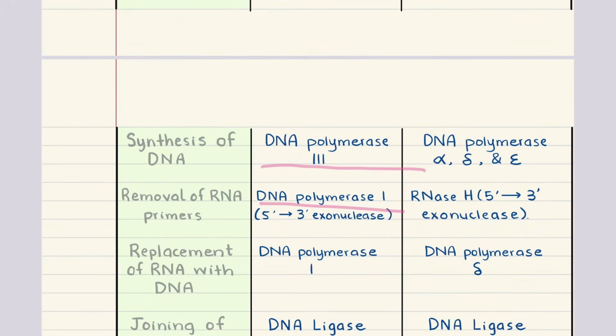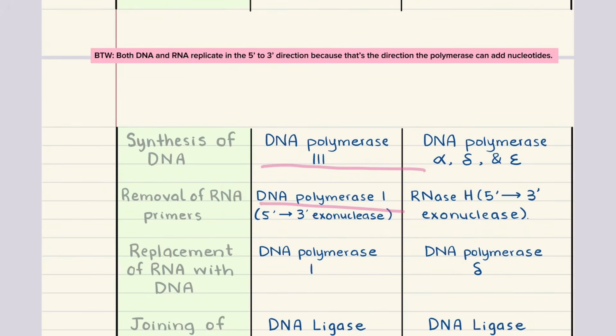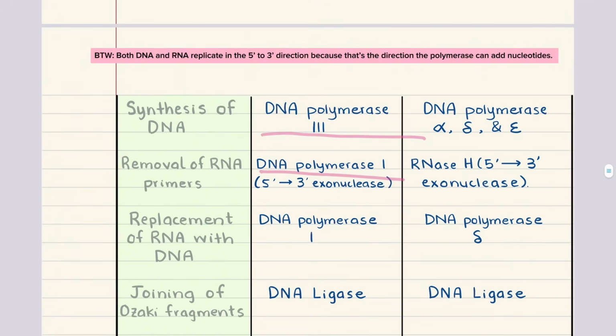In eukaryotes, this task is performed by an enzyme called RNase H, which also works in the 5' to 3' direction. Once the RNA primers are removed, they can now be replaced with DNA nucleotides. So in prokaryotes, this is handled again by DNA polymerase I, and in eukaryotes, it's going to be handled by DNA polymerase delta.